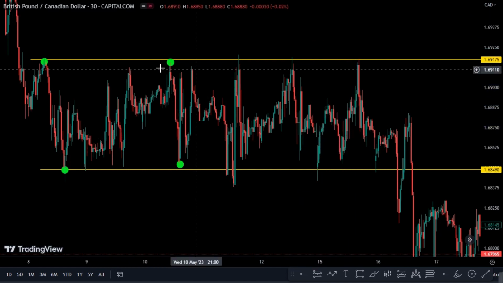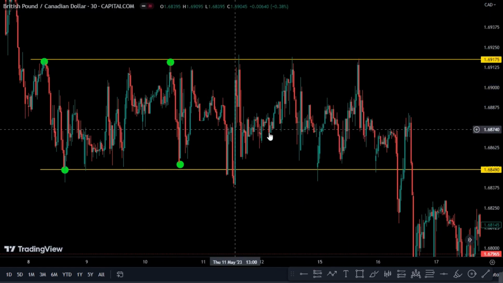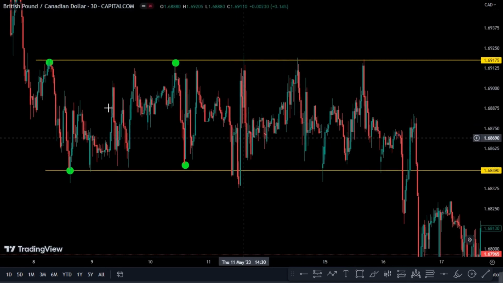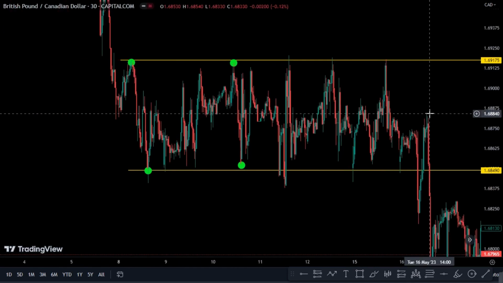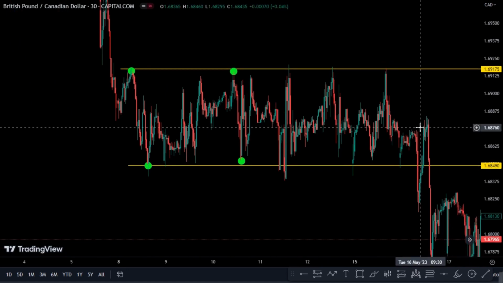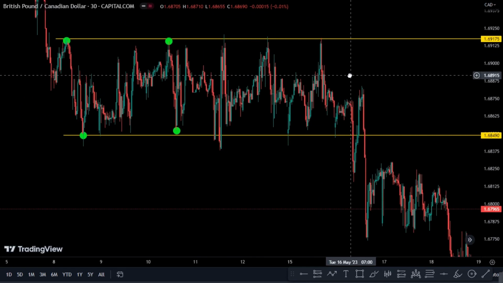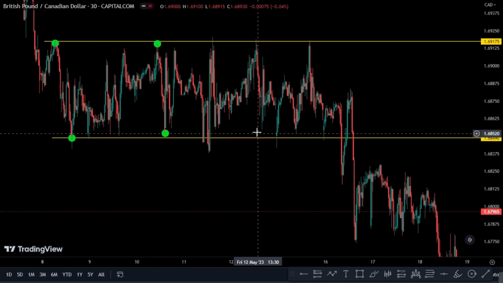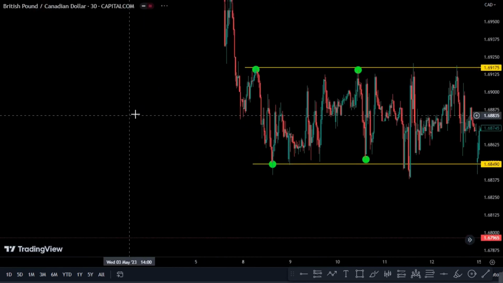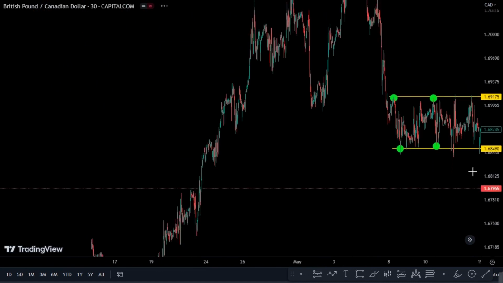Inside the consolidation, you would have been able to bag yourself 150 pips just by making use of this consolidating structure here. So that is how you could have used the consolidation to bag yourself an easy 100 pips.